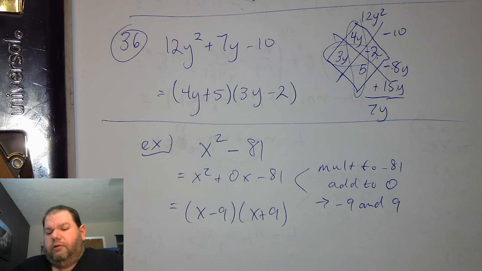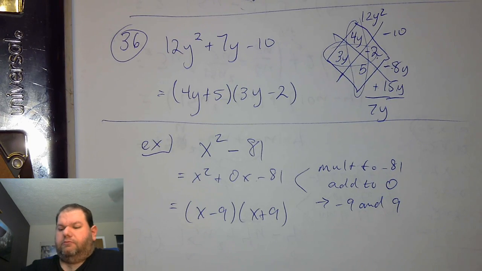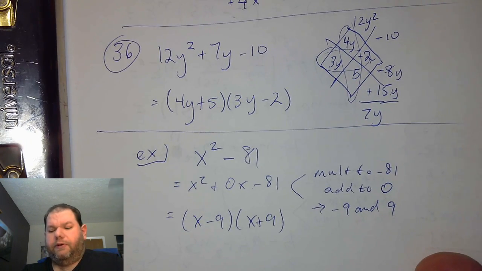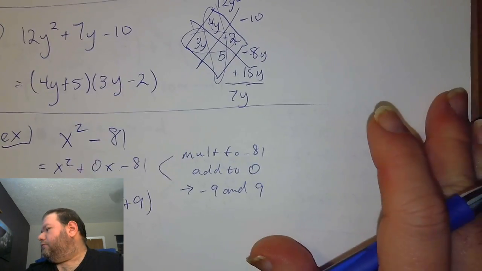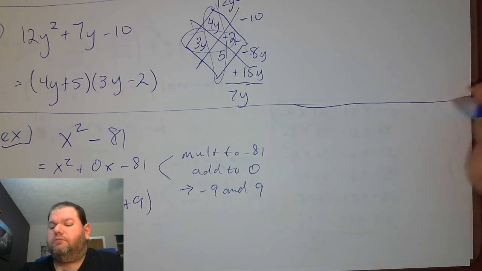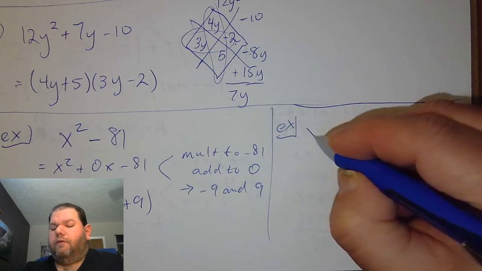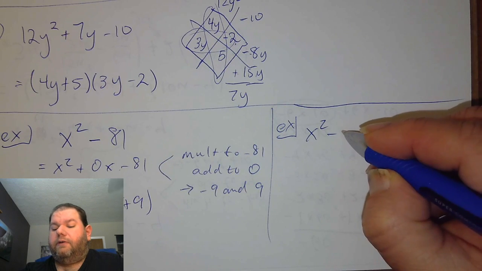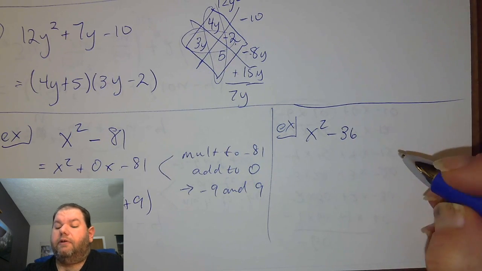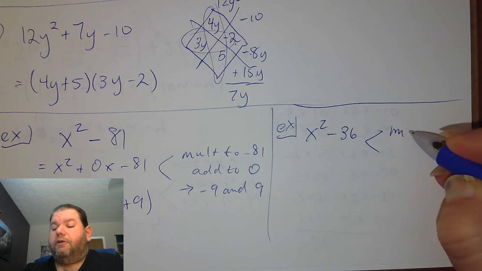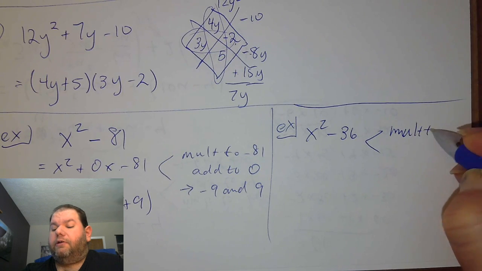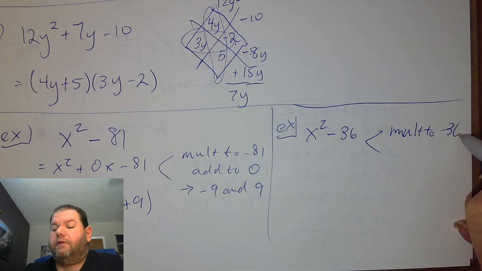Now, let's do one or two more of these, and then we'll see if we can establish a pattern. If we have x squared minus 36, that means we need two numbers that multiply to negative 36 and add up to 0 again.